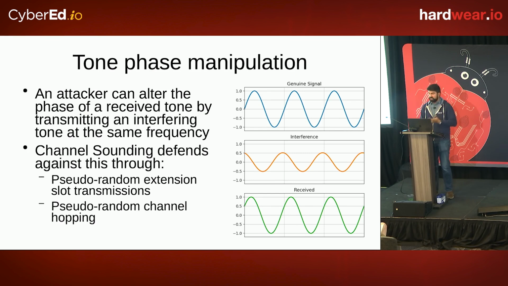Now, for channel sounding, they try to defend against this through these extension slots and also through the pseudorandom channel hopping, though, again, with the channel hopping, you could interfere in all the channels, so that's not a big defense. It's the extension slot that's really the main defense here.